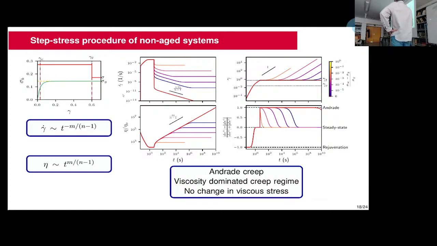Okay, so in this case, when you break the entire system before dropping the stress, you have what we call a viscosity dominated creep regime. The fact that the exponents of the strain rate and the viscosity are the same is related to the fact that there's no change in viscous stress in this specific stress protocol, because we already reached the dynamic yield stress before dropping the stress.